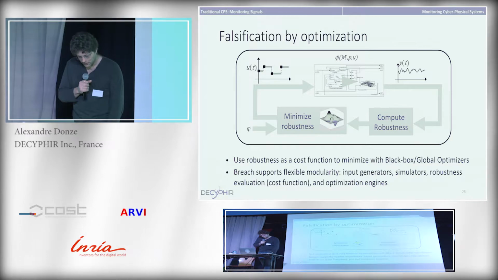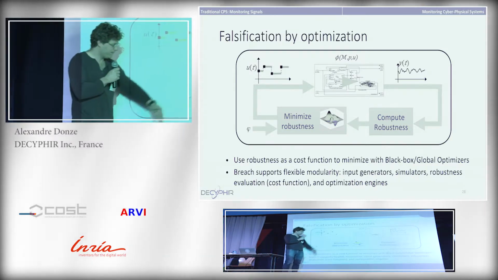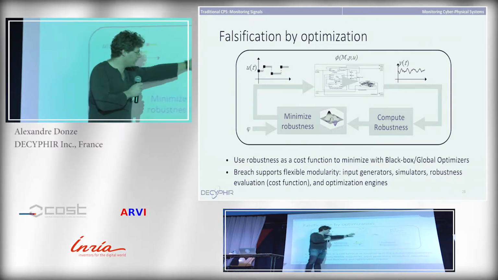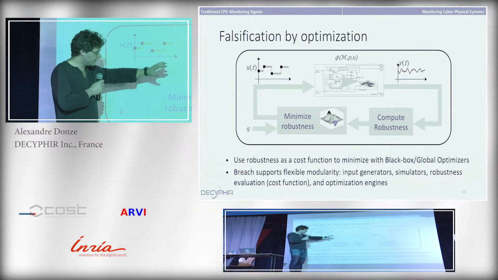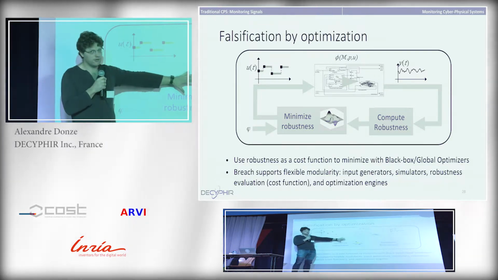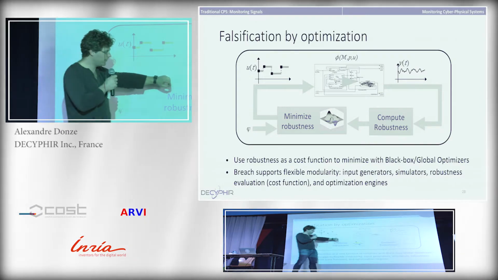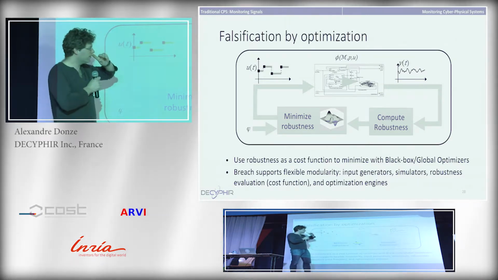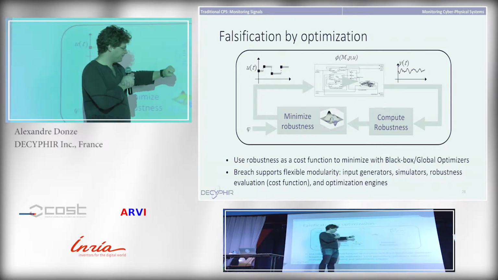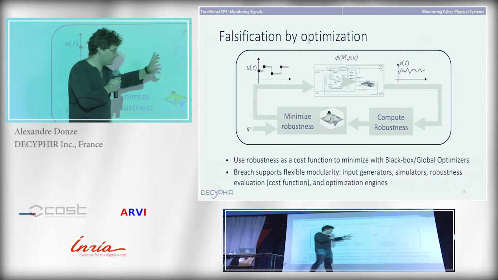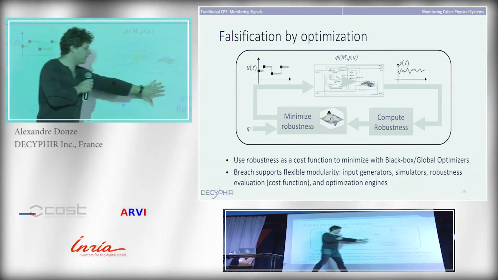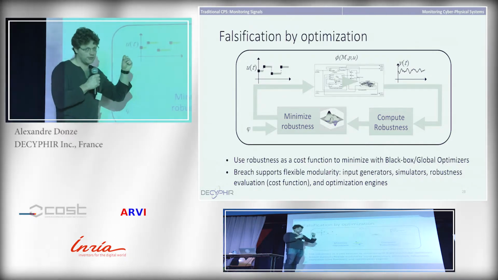I'm voluntarily vague about what kind of optimization you can use there, because I'm trying to build a framework more than the actual implementation. I'm trying to build something modular, where the added value of the framework is that, once you have a model and a formula, it knows how to compute the robustness, so the monitoring part.